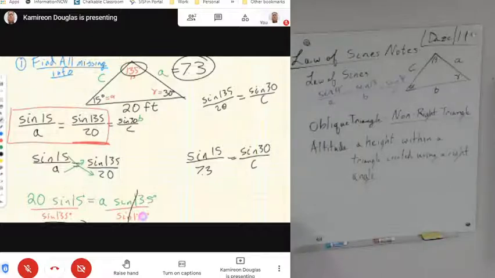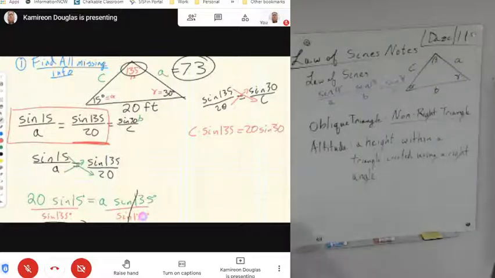Okay? So I'm going to take this top one. Again, I'm going to cross multiply. So take 20 times sine 30, 135 times C. So I get C times sine of 135 equals 20 times sine of 30.